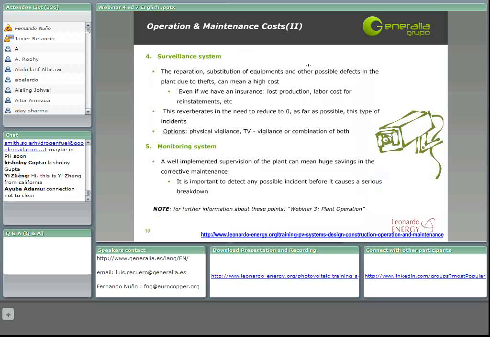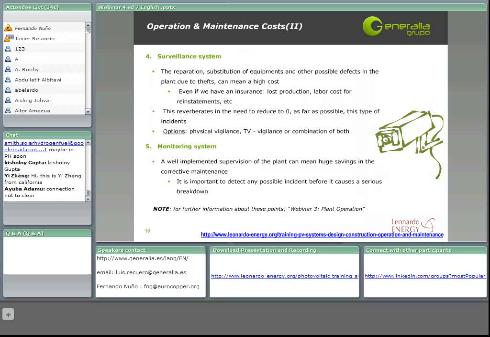As we have already said, the two aspects that we can find in this slide have already been studied during the webinar 3. But just to remember the main points, we will say that for the surveillance system, the inconvenience caused due to thefts can mean a high cost for our plant.